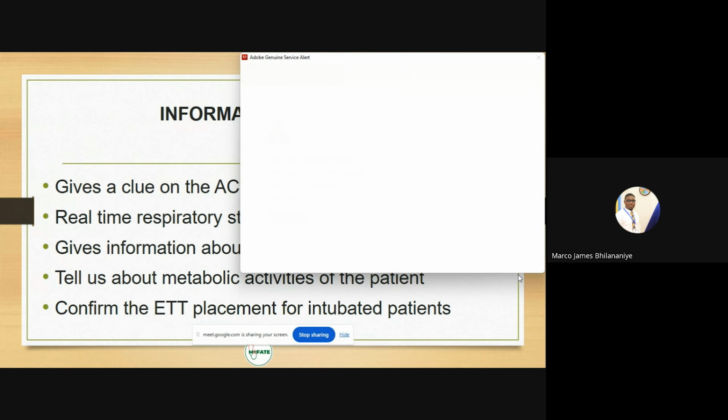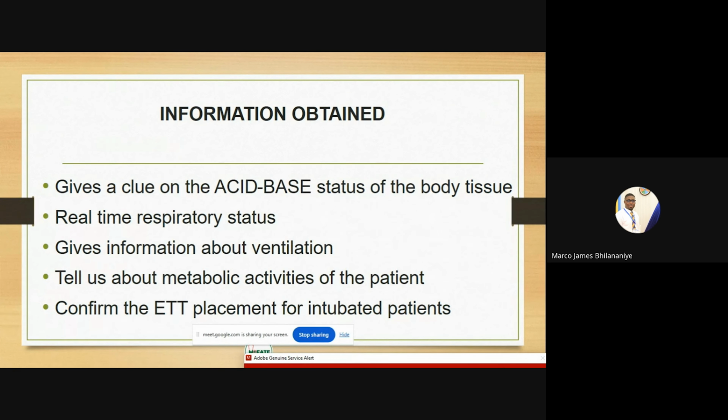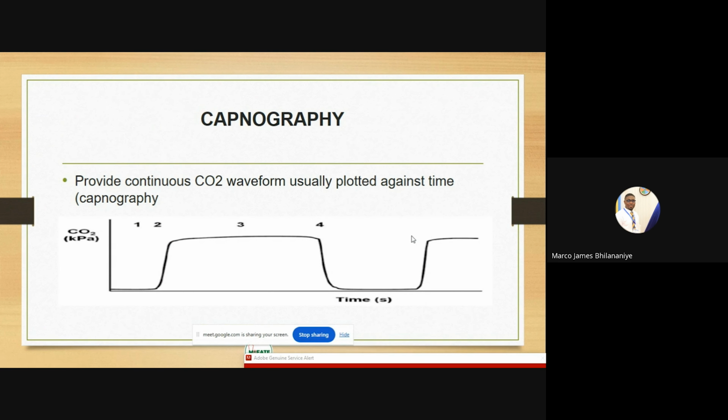So whenever you use carbon dioxide monitoring, it's easier for you to confirm that the tube is in the trachea. If you place the tube in the esophagus, you won't see the carbon dioxide and the capnograph, as we'll see later.